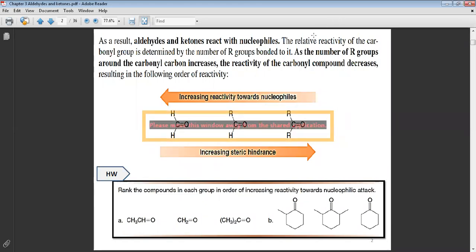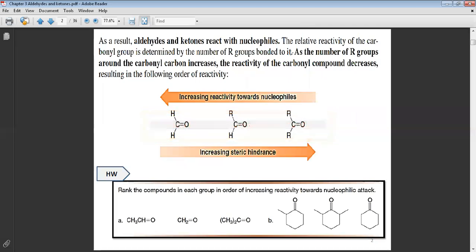The relative reactivity of the carbonyl group is determined by the number of R groups. He said, if anyone asks which is more reactive, the aldehyde or the ketone, you have to think about the number of R groups bonded to it.